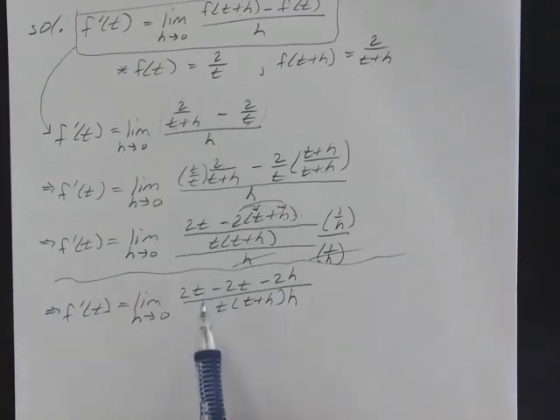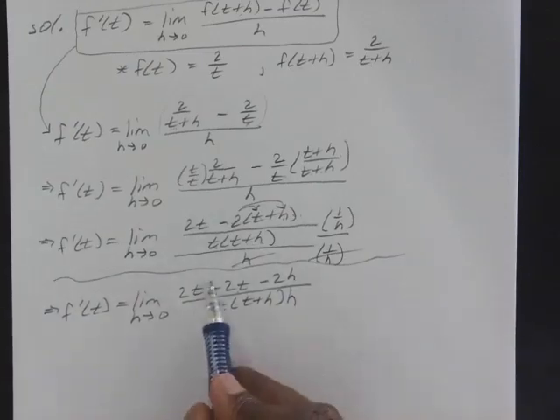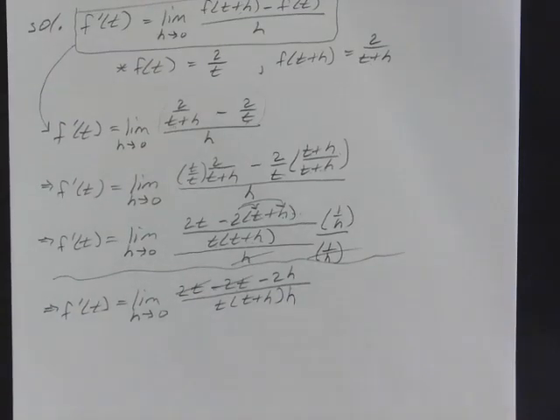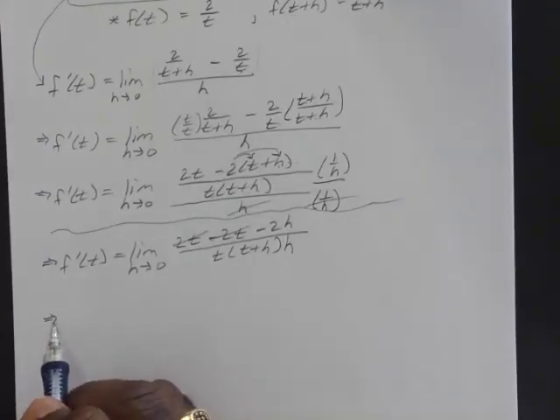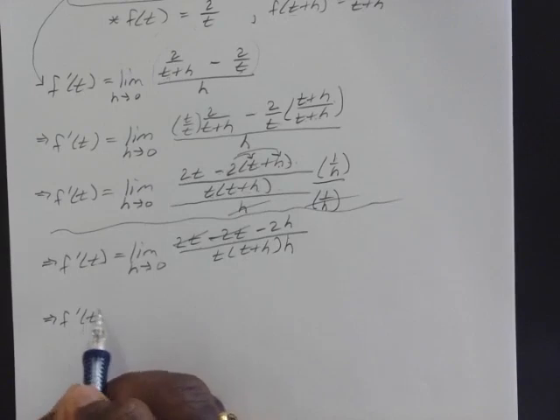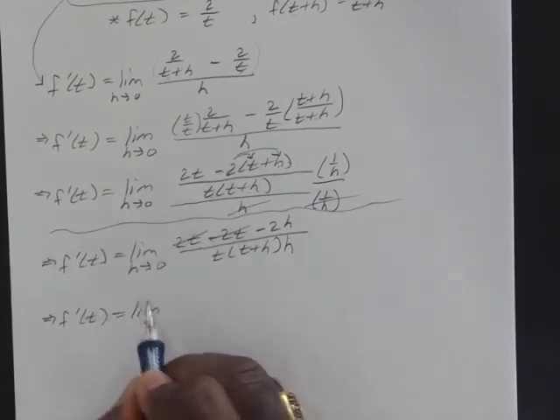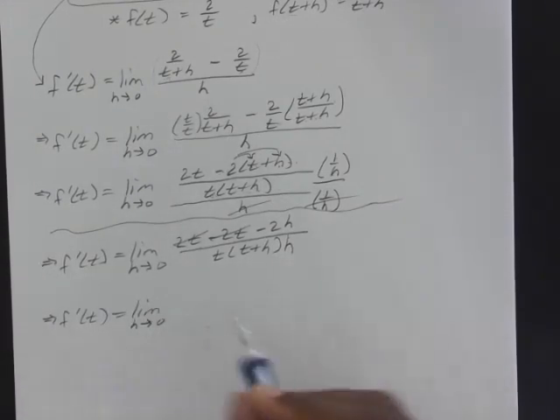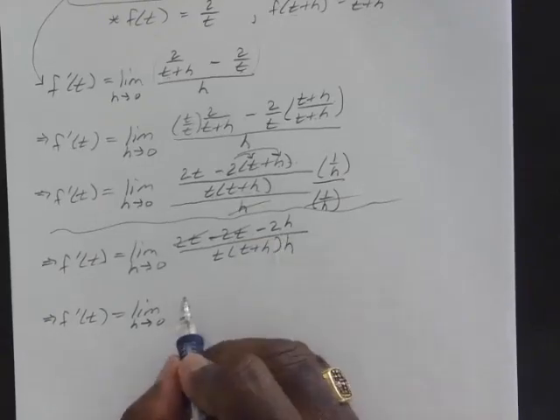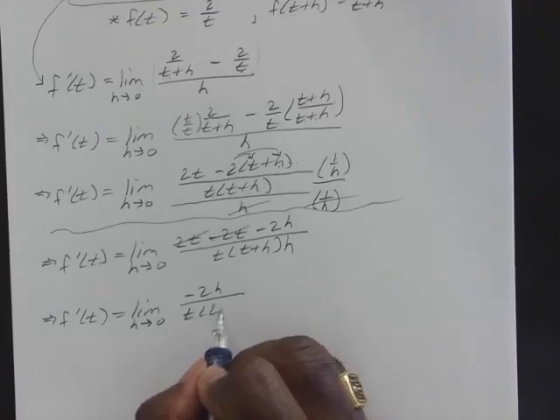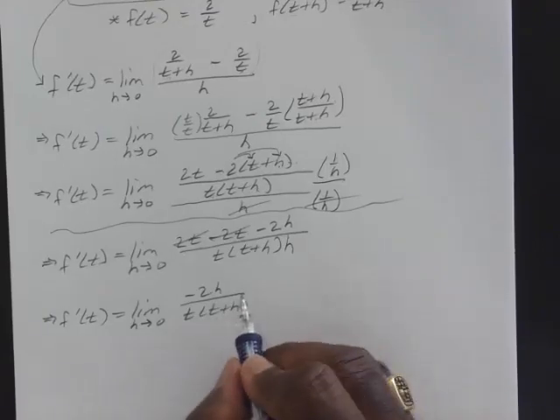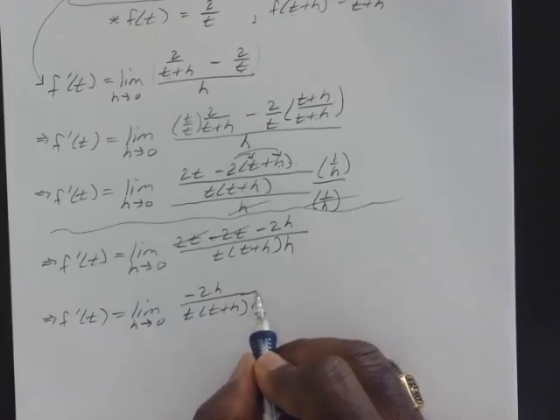So we can see that the 2t minus 2t, that's 0 when you add them together. So those two disappear. So we have f prime of t is equal to the limit as h approaches 0 of negative 2h divided by t times t plus h times h.